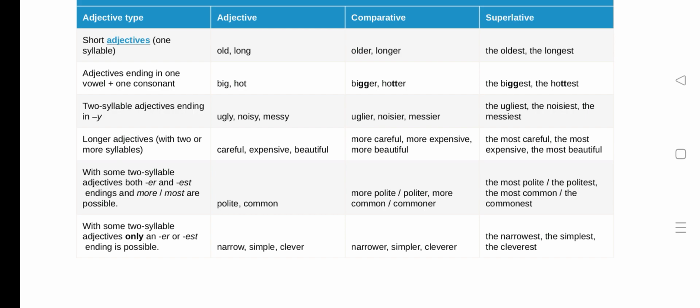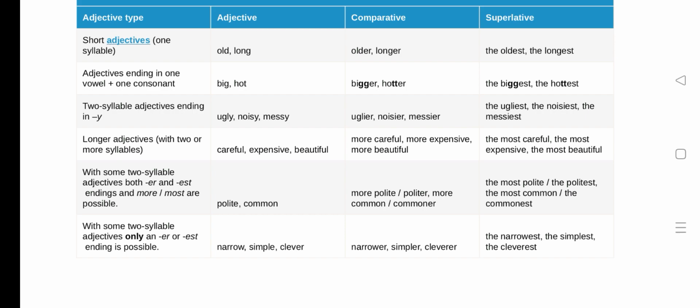With some two syllable adjectives, er and est endings and more and most are both possible. The adjectives polite, common: more polite, and you can also say politer. So we can use both. More common or commoner.